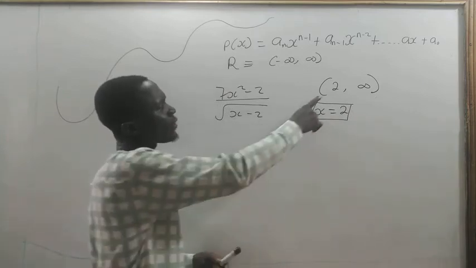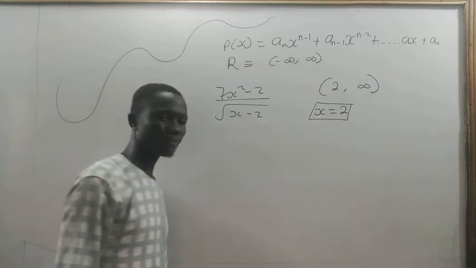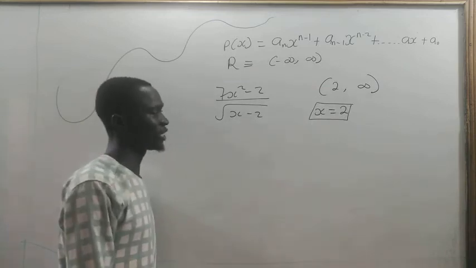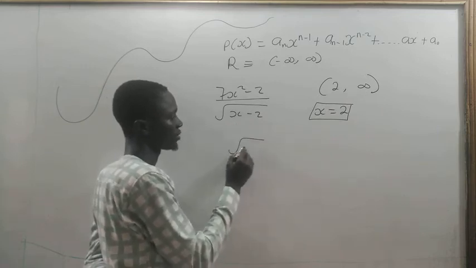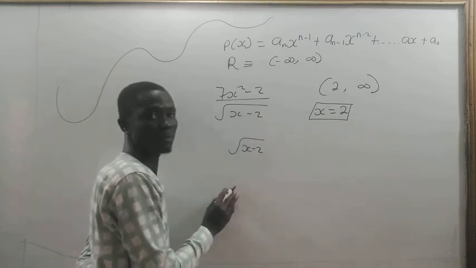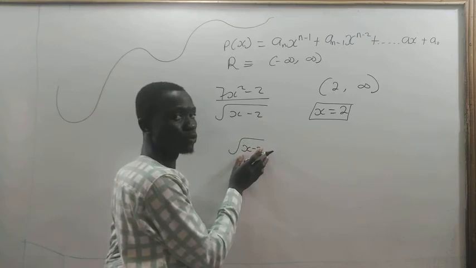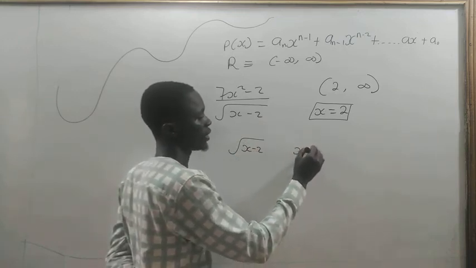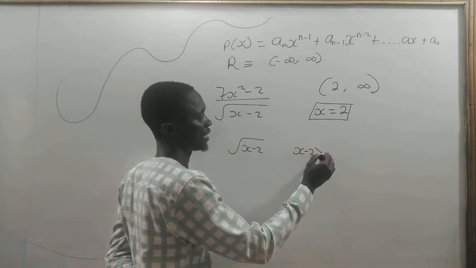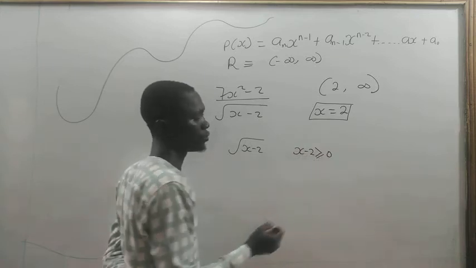Now, why did I write 2 to infinity? I wrote this because you see that if you take the square root sign, for numbers under the square root to be defined, x minus 2 should be greater than or equal to 0.